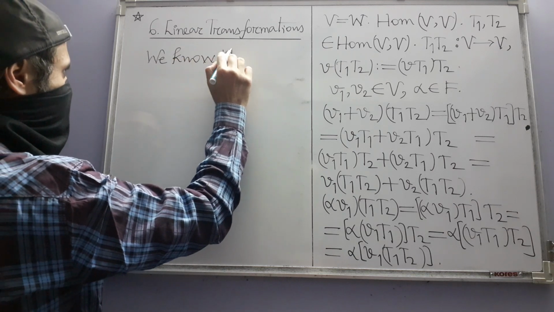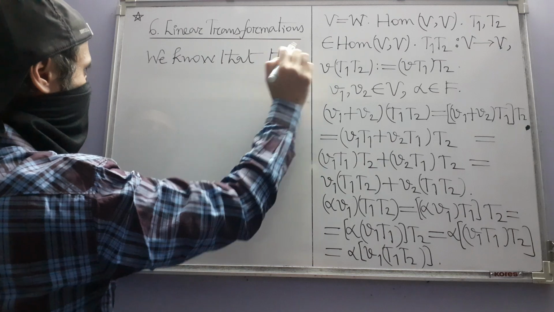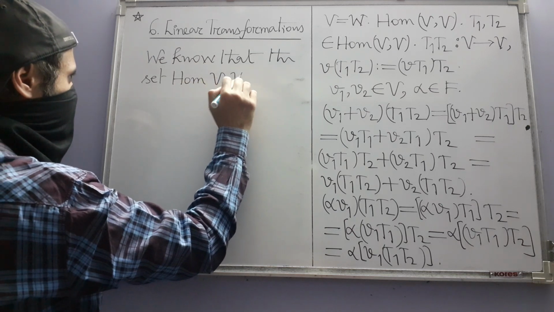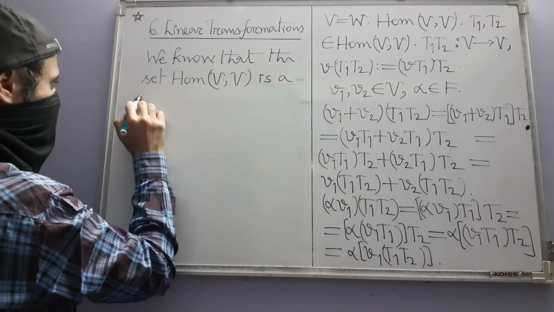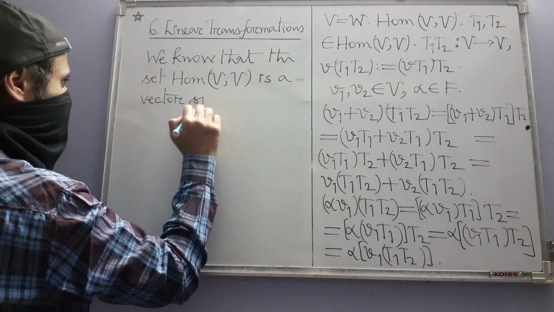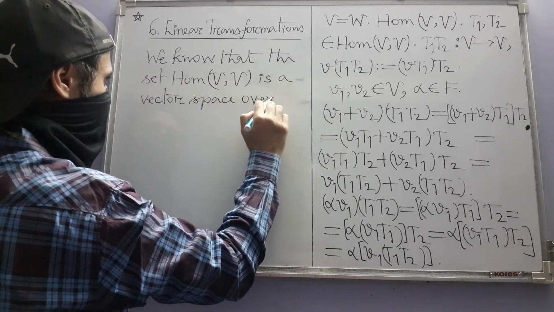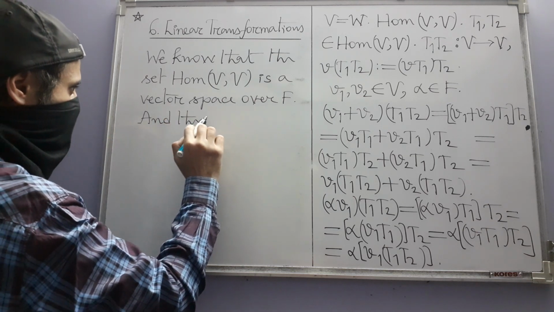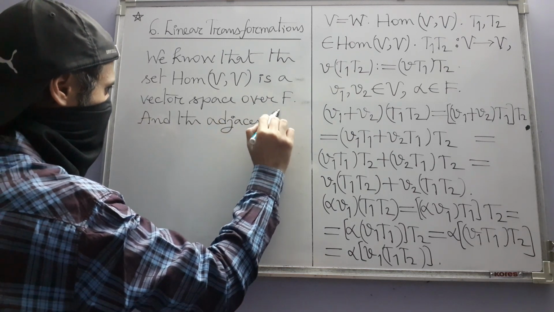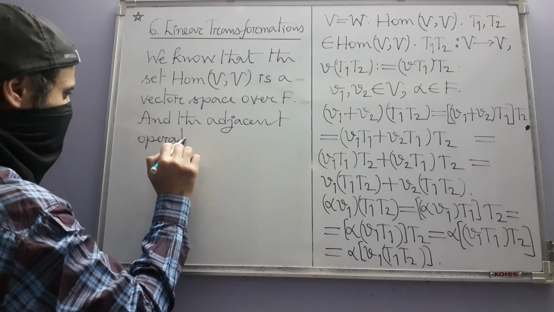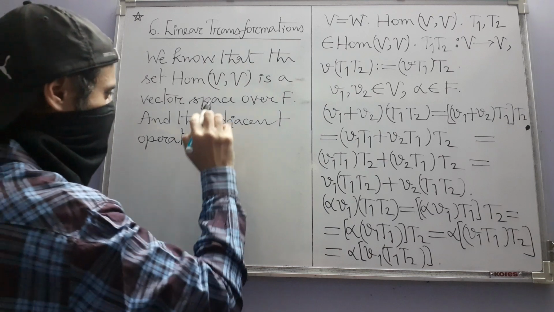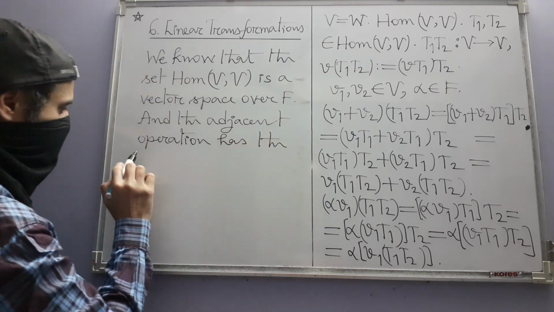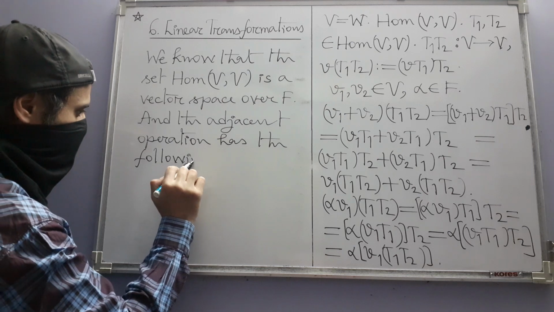We know that the set Hom(V, V) is a vector space over F, and the adjoint operation, meaning this one, has the following properties.